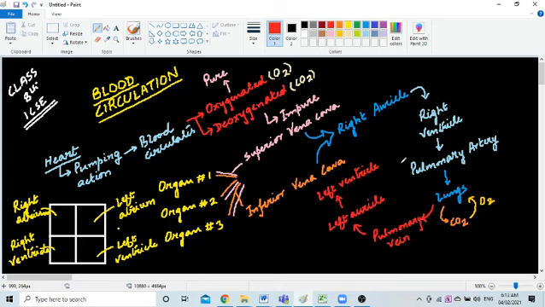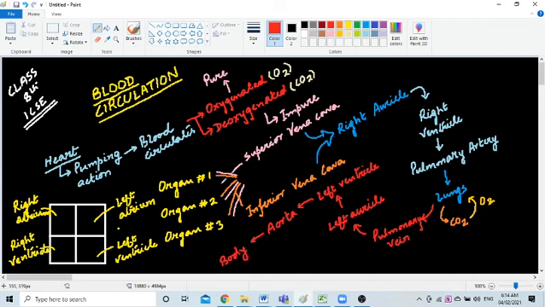Right, and after that it is carried out by the artery which is known as the aorta to the rest of the body parts. So the aorta carries this pure blood to the rest of the body parts. Fine.